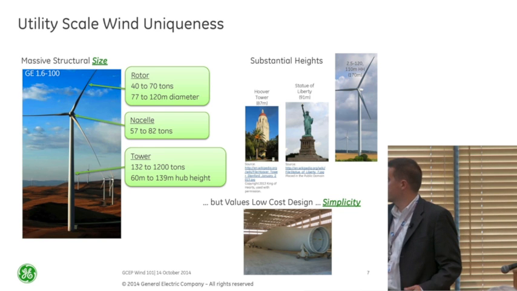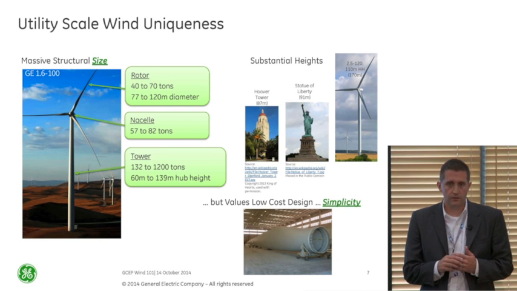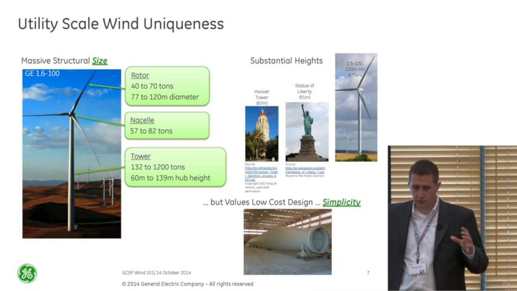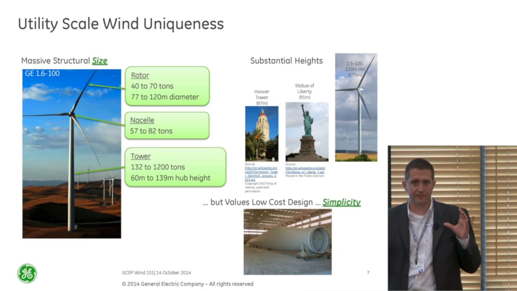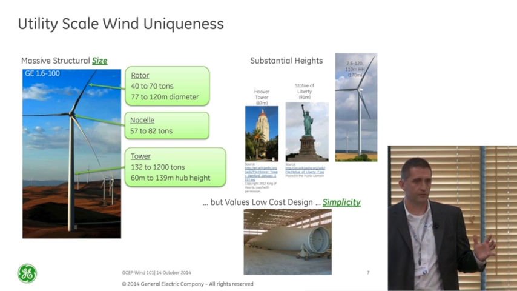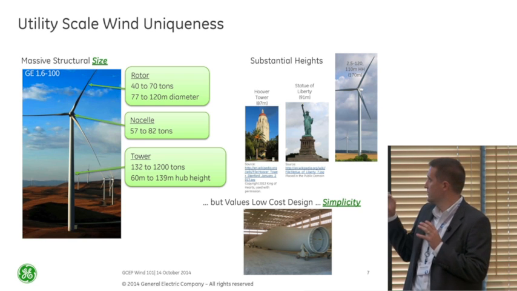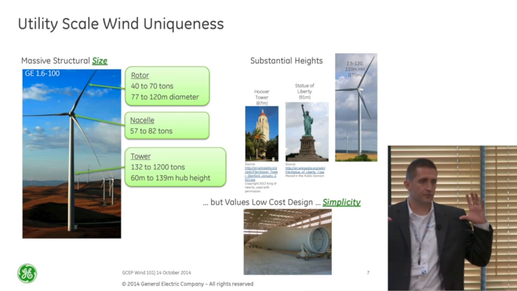All right, so I talked about utility scale wind turbines and the 100 meters being really big, but there are two major points that make this technology different from any other energy generation technology, and the first is the size. This thing is absolutely huge.